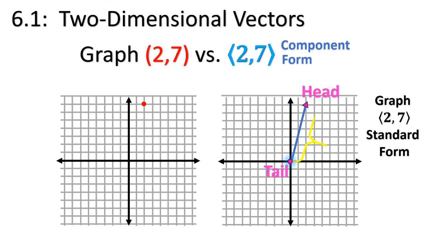The length of the segment that connects the tail to the head is the magnitude. The arrow is what gives the vector direction. Vectors are used to represent force, velocity, acceleration. They all have a magnitude and a direction.